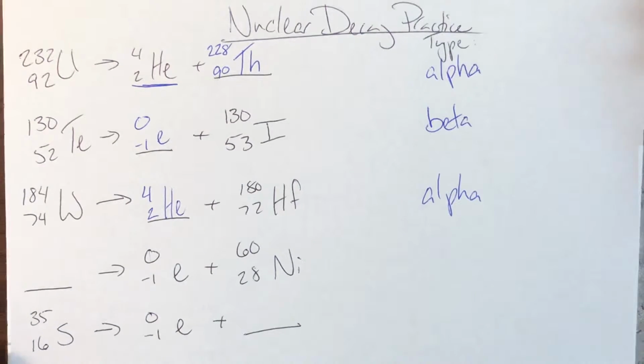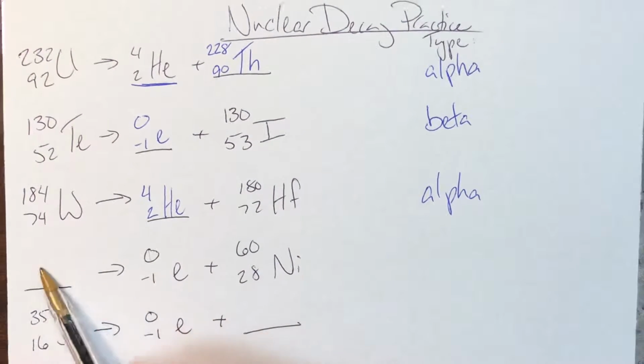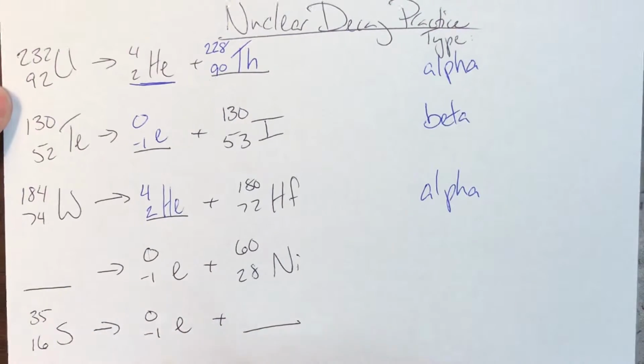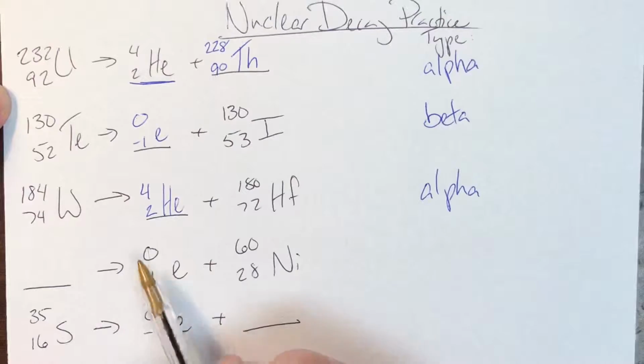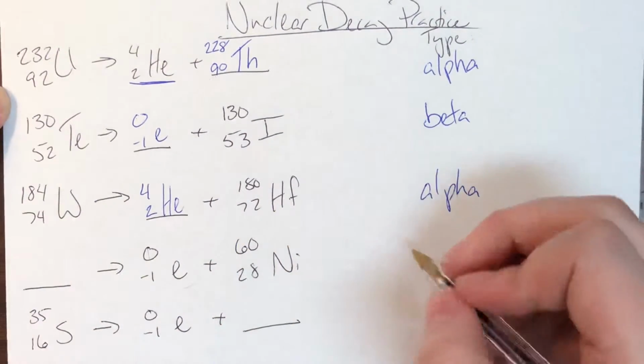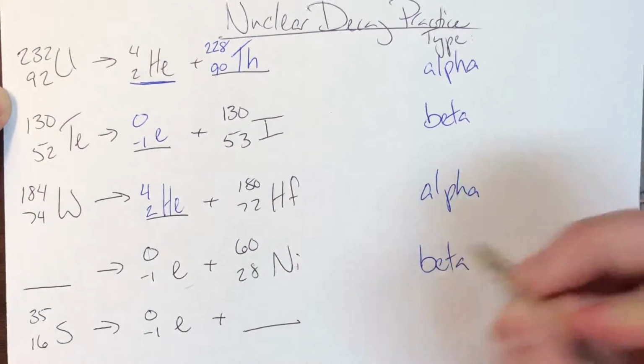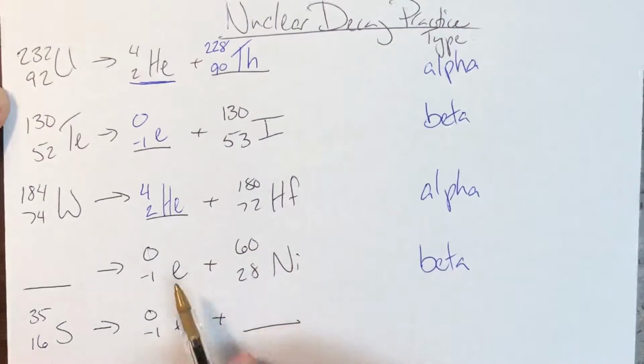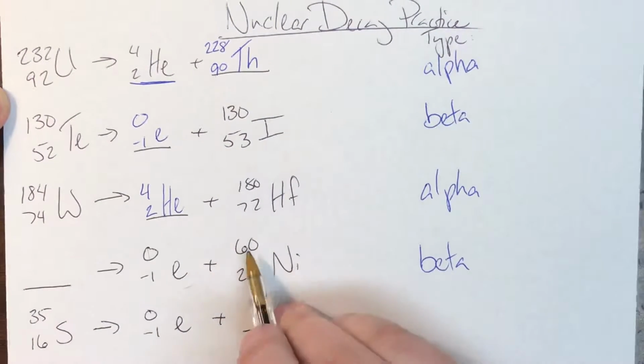This next one, I see that I have a mystery beginning element, and it underwent beta decay. That's what this is. And I produced nickel 60.